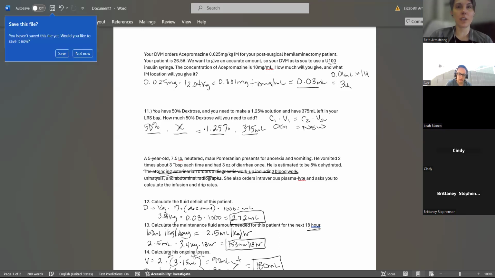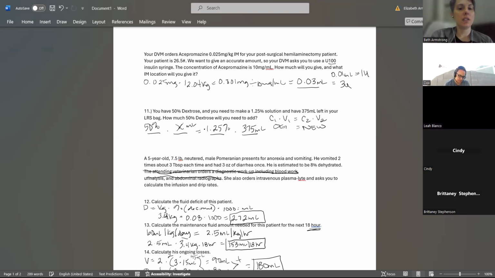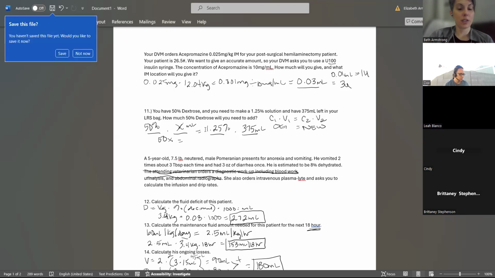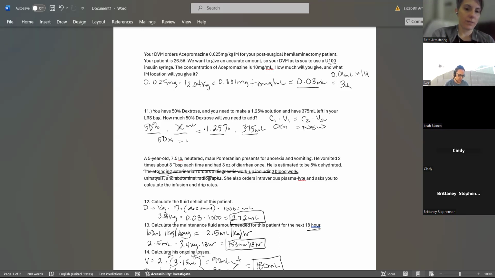Now we just have to do the math for it. We're going to drop all of our units because we know that the X is going to end up as an mL because that's our volume. So we're going to take 50X equals 1.25 times 375. What's 1.25 times 375? 468.75.